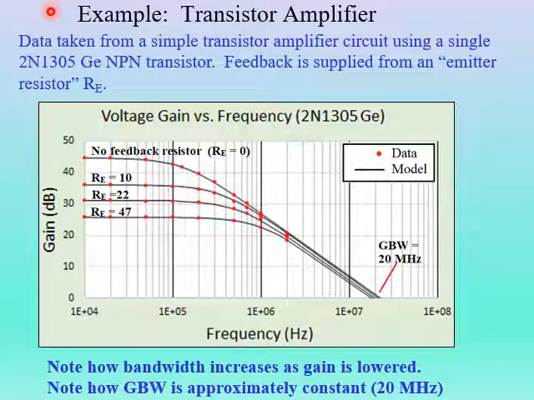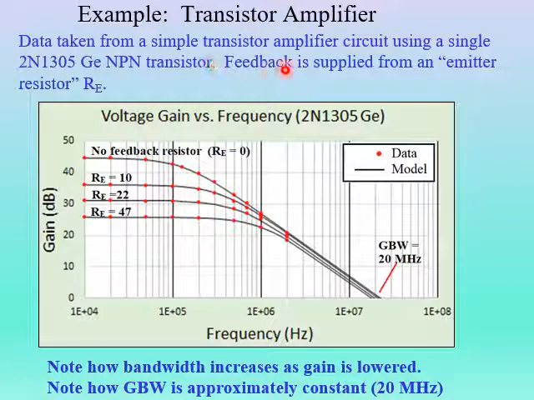Here's another example of the gain bandwidth product for a transistor amplifier that I built and tested here at home in my lab. This simple amplifier circuit just used a single transistor. In this case, I used an older model transistor. This 2N1305 is actually a germanium transistor, not a silicon transistor.